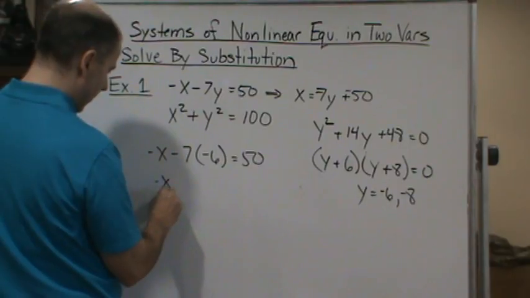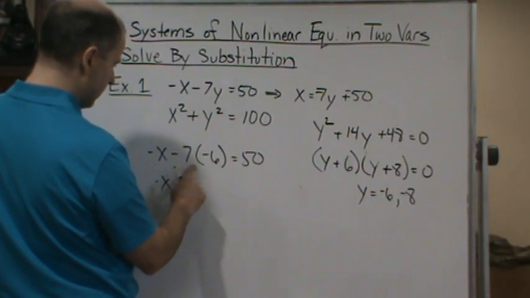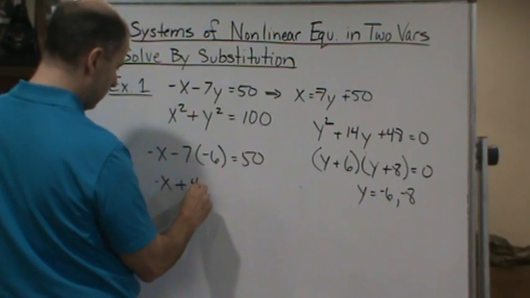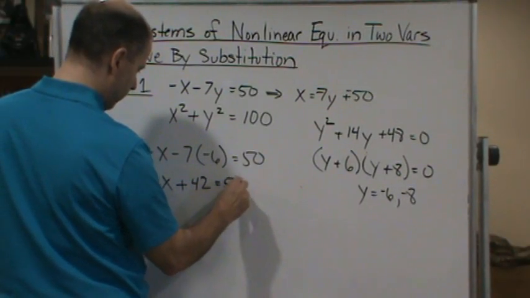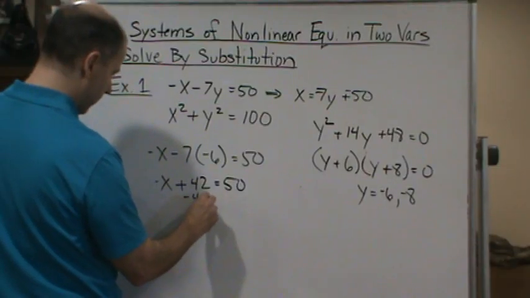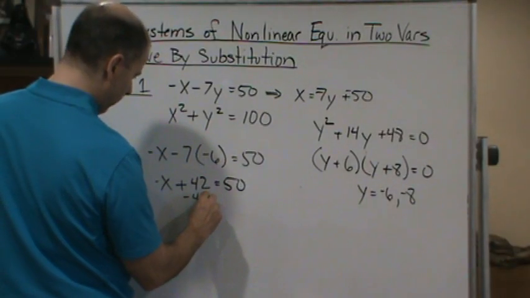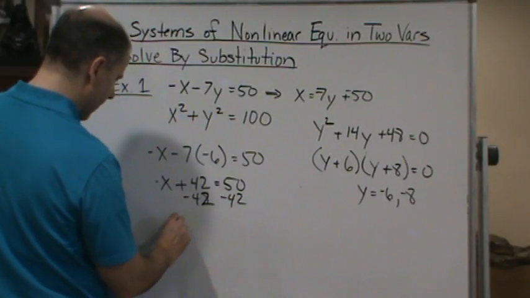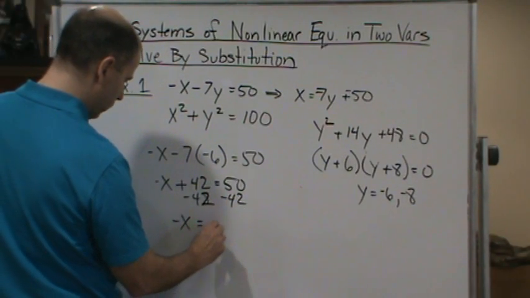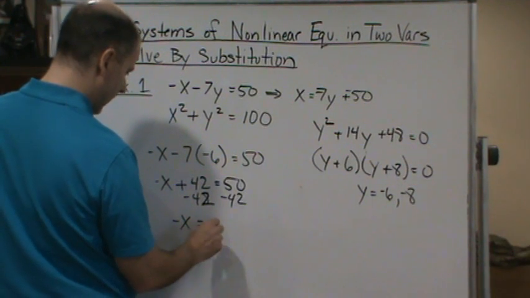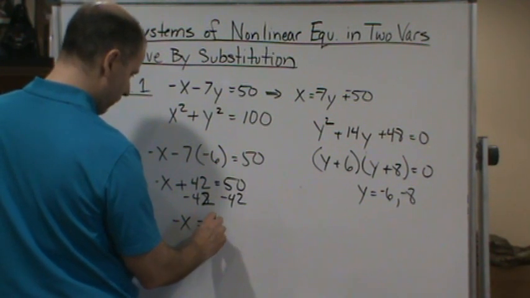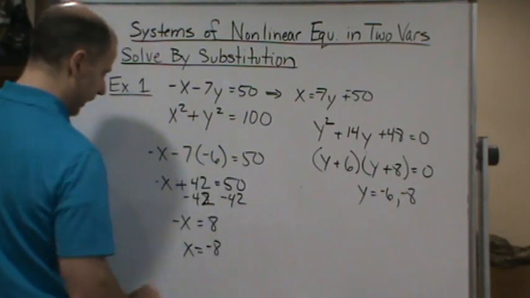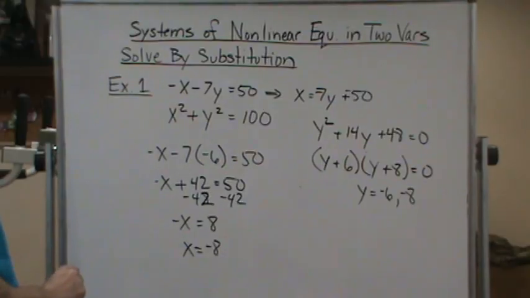And so negative x, what do I get here? 6 times 7 is 42, so I get plus 42, which is equal to 50. And then if I subtract 42 from both sides, I get negative x equals 8, or x equals negative 8. And so now I'm done with this one.